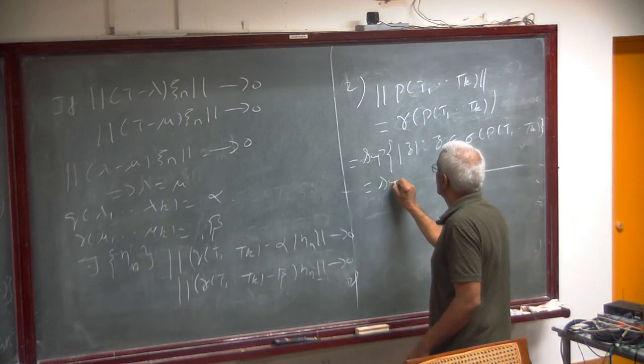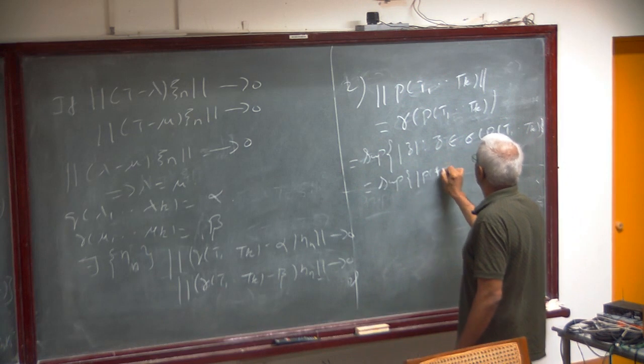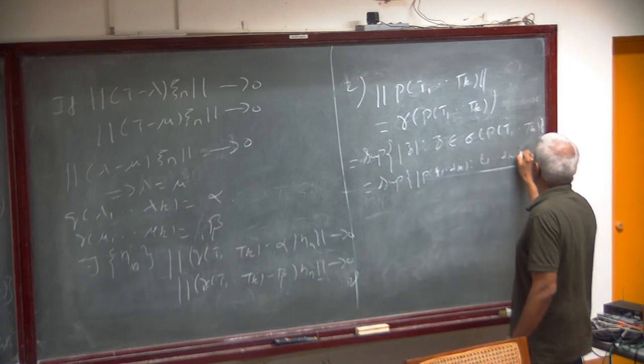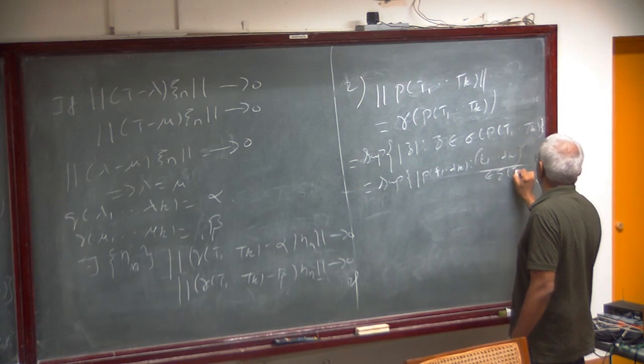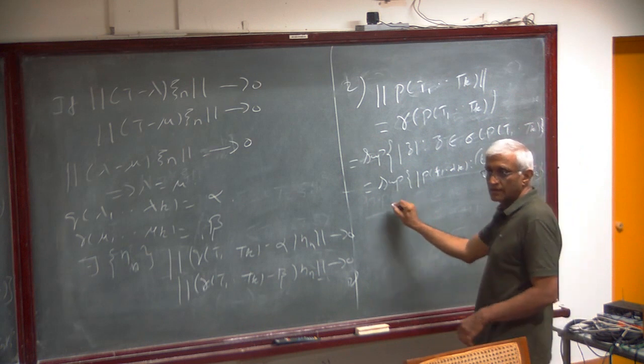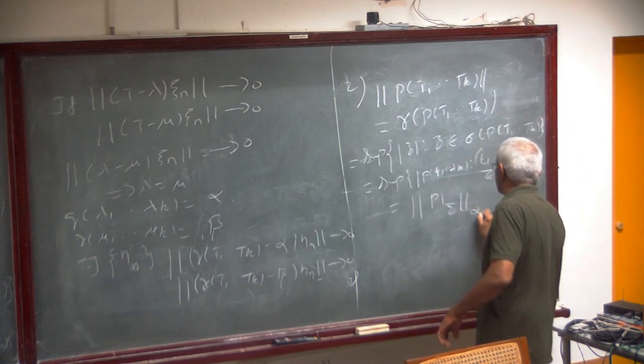But this is equal to the supremum of mod of P(z), where z is in sigma of T1 up to Tk. And this is exactly the supremum norm, the infinity norm of P restricted to that sigma.